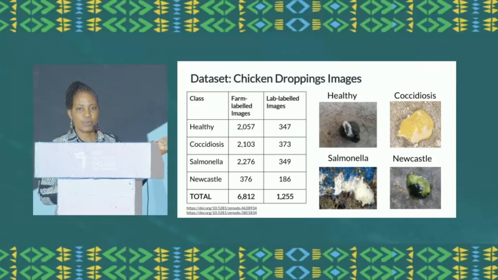So after building this data set that has a total of 8,067 images, it is shared on the Open Research Repository, and until now it has been downloaded 9,000 times, which to us is really an impact of the work that we did.